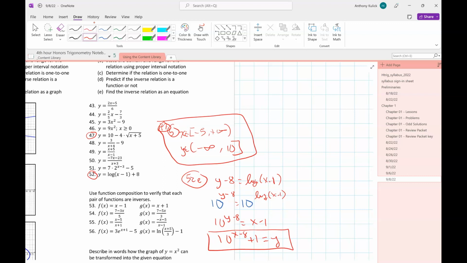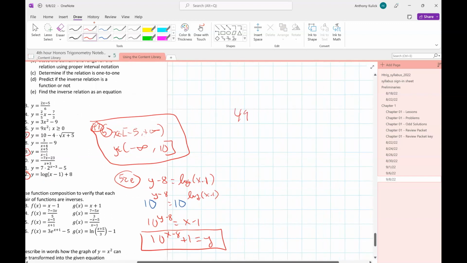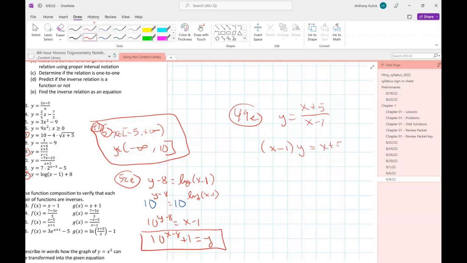Giselle, could you do 49e? Sure. The first step, we're going to multiply both sides by x minus 1 to get rid of the fraction. I'm going to distribute the y.